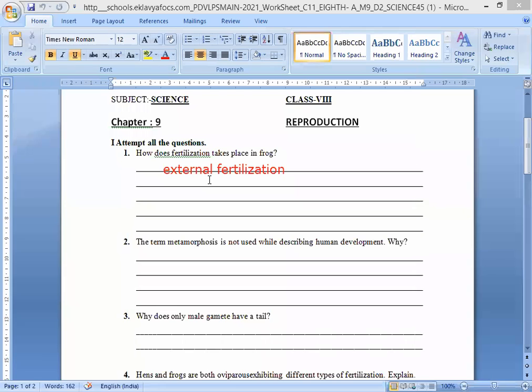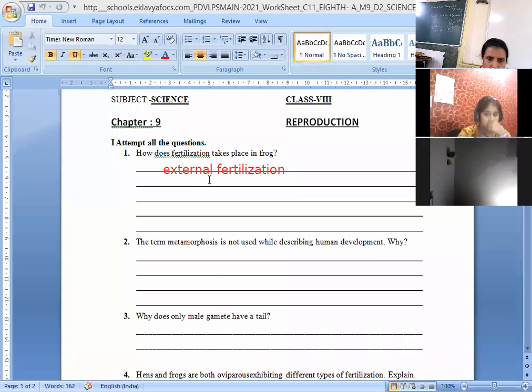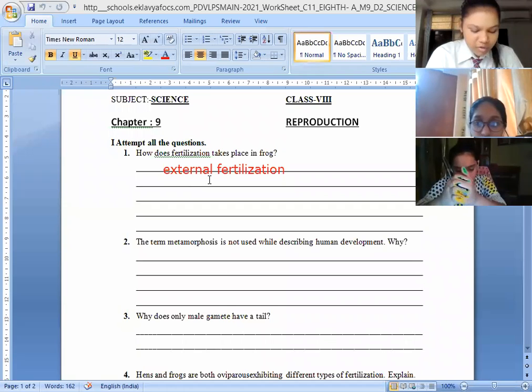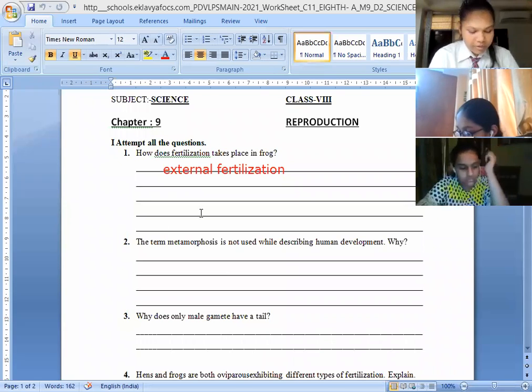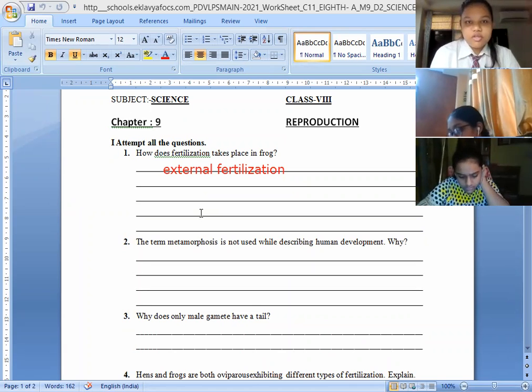The term is not used while describing human development because in human beings, the body parts of an adult are present from the time of birth itself. From the beginning of life as a baby until you are an adult, the basic plan of the body does not change.